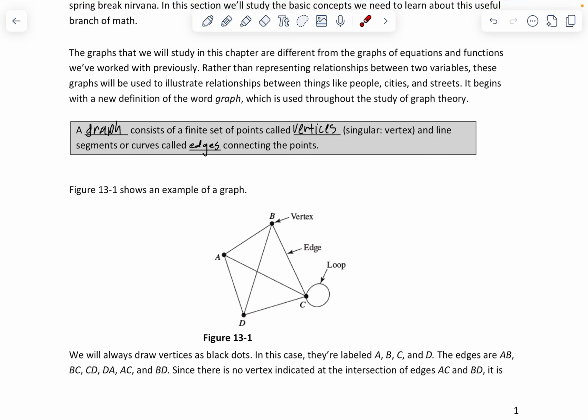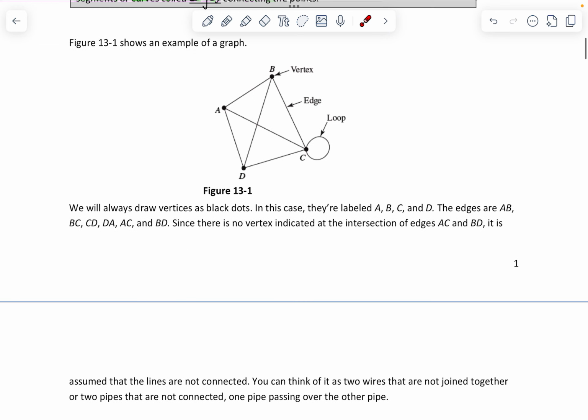Since there is no vertex indicated at the intersection of edges AC and BD right here, it is assumed that the lines are not connected. You can think of it as two wires that are not joined together or two pipes that are not connected, one pipe passing over the other pipe.